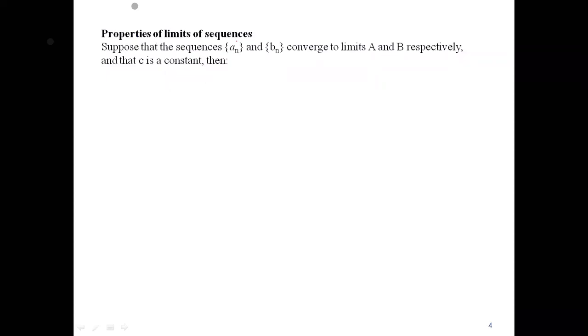All right, so let's look at the properties of limits of sequences.